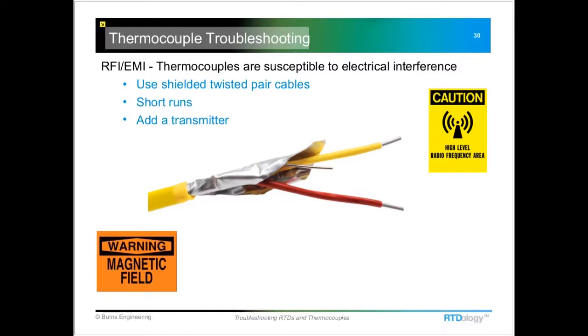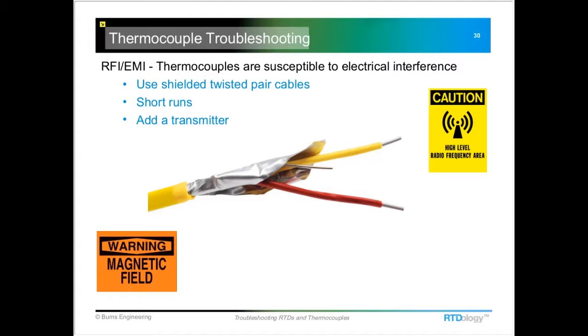One of the other things, this RFI EMI stuff: use a shielded cable, as I mentioned. It should be left open at the probe end. Don't ground it to the probe or anything at that end. The shield wire should be grounded back at the instrument end, so that it's taking whatever electrical interference and draining it away from the probe to an earth ground or whatever grounding system you have.